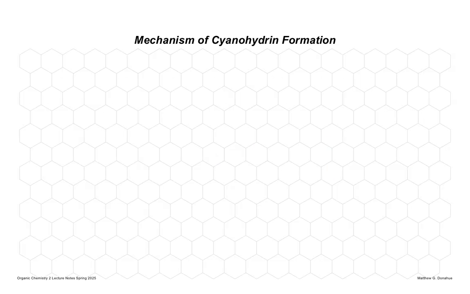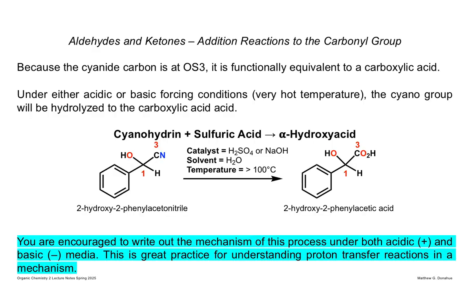So I think I have the mechanism, but as I mentioned, that carbon of the nitrile's oxidation state 3 can be hydrolyzed with acidic conditions, so sulfuric acid, or basic conditions, sodium hydroxide in water at really high temperature, so above the boiling point of water.